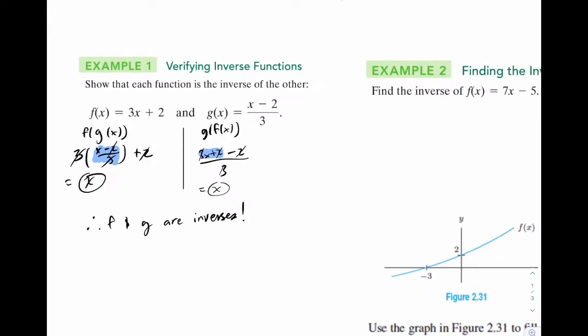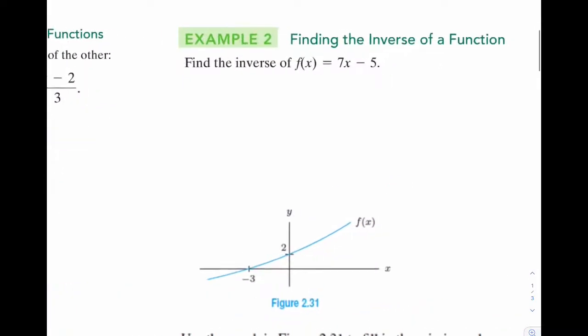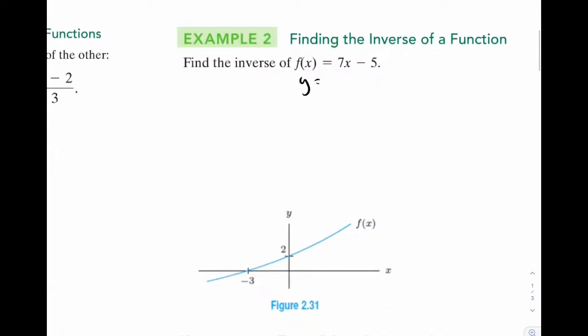Example 2, I'm going to show you the more mechanical way of doing it. You want to think of this as y equals 7x minus 5. All we're going to do is switch x and y. We get x equals 7y minus 5, and then solve for y.